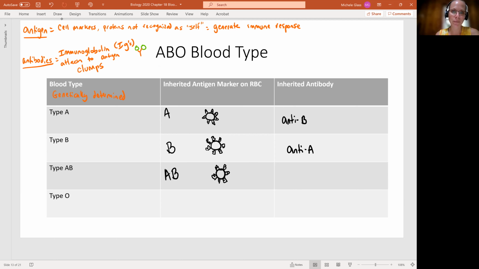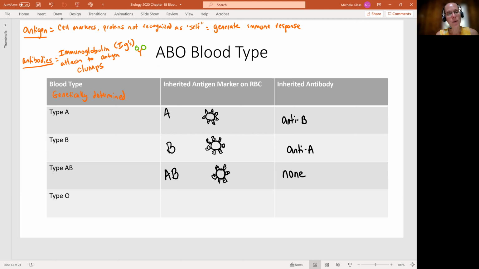That's you, right? And so in this case, you have no antibody. You can't recognize B as foreign. You can't recognize A as foreign because you're both. You're a mixture. You're A and B. Okay.